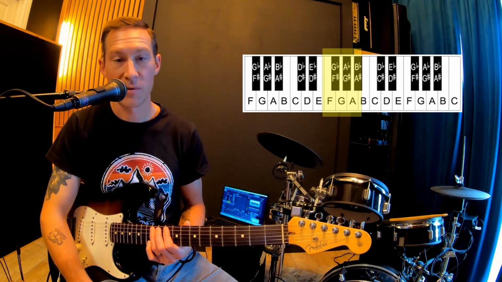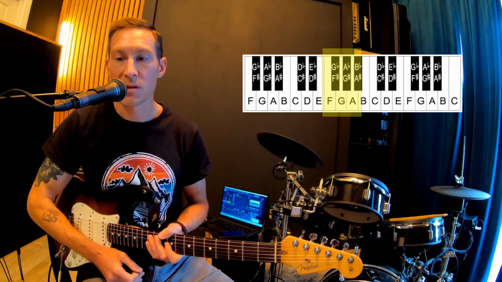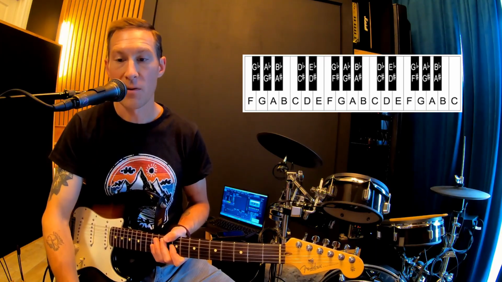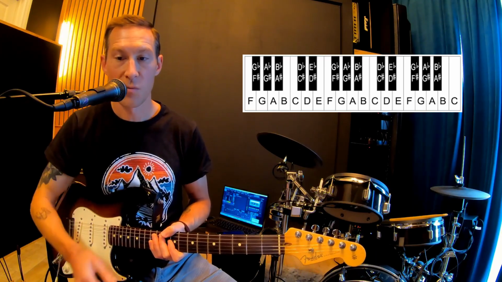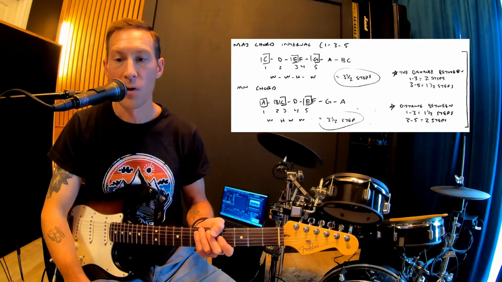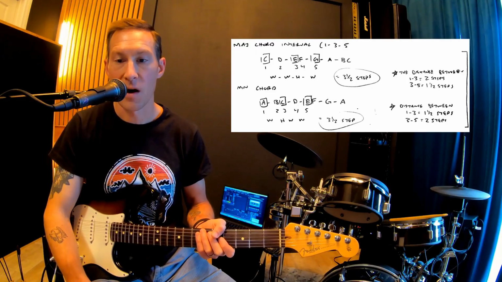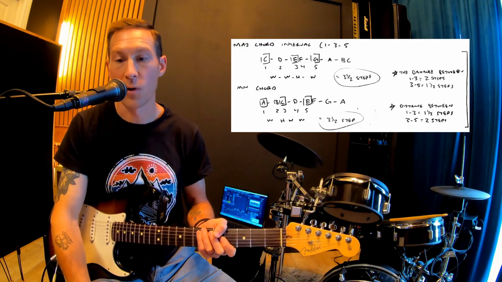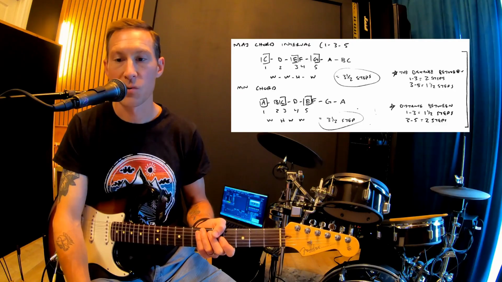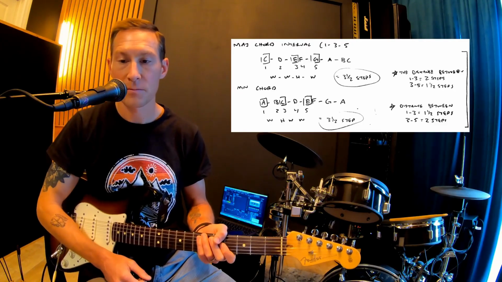So that's 2 whole steps. That's the interval distance of a minor chord: 1 1/2 steps, and then 2 whole steps. So a major chord is going to be 2 whole steps between 1 and 3, and 1 1/2 steps between 3 and 5. A minor chord is going to be 1 1/2 steps between 1 and 3, and 2 whole steps between 3 and 5.